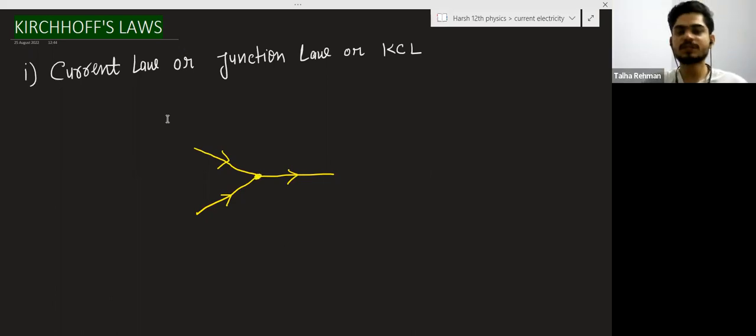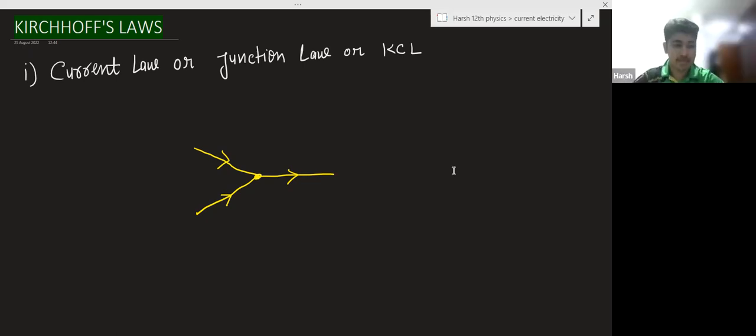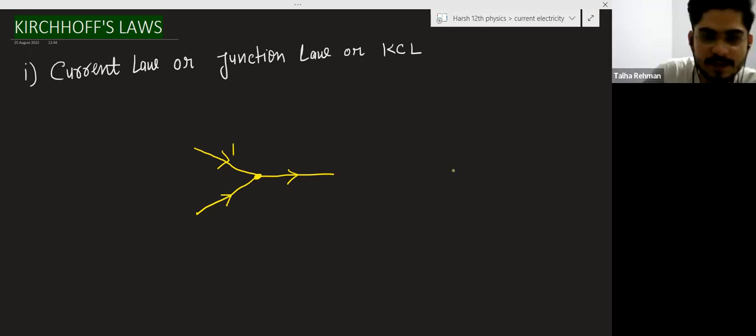What is the meaning of junction point? The junction point is the point where all the wires are meeting. Suppose I1 current is coming like this, and I2 current is coming like this, and I3 current is going like this.